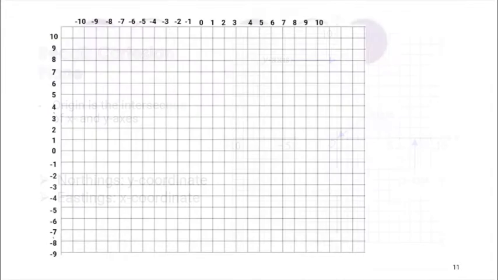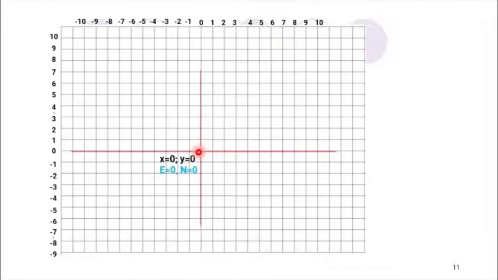Suppose I have two perpendicular lines that intersect here. The coordinates are 0, 0, meaning x equals 0 and y equals 0.